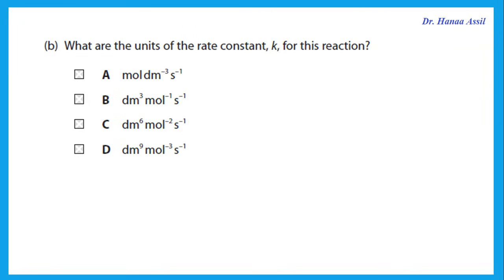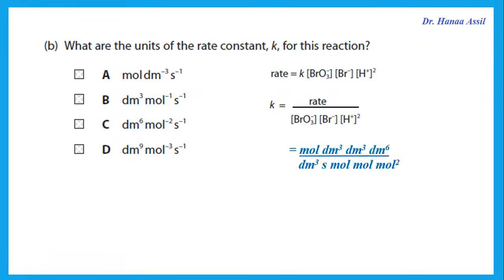What are the units of the rate constant for this reaction? Remember, if this is the rate equation, then we can write an equation for the rate constant K, and then put in the units for each of these. Rate, the unit is mole per decimeter cubed per second. So I can put mole over decimeter to the power 3 seconds.